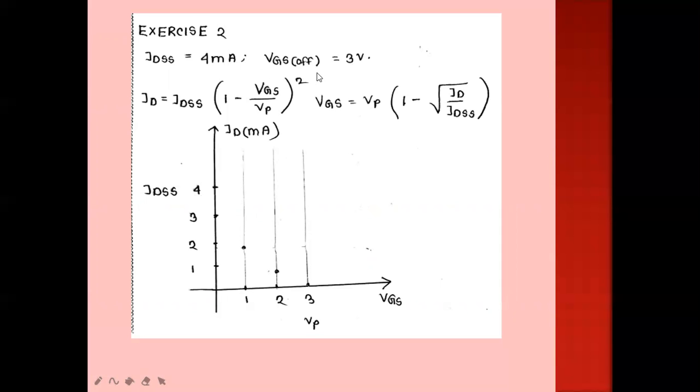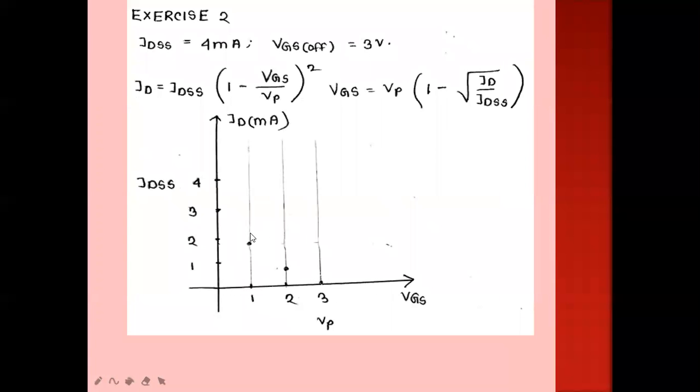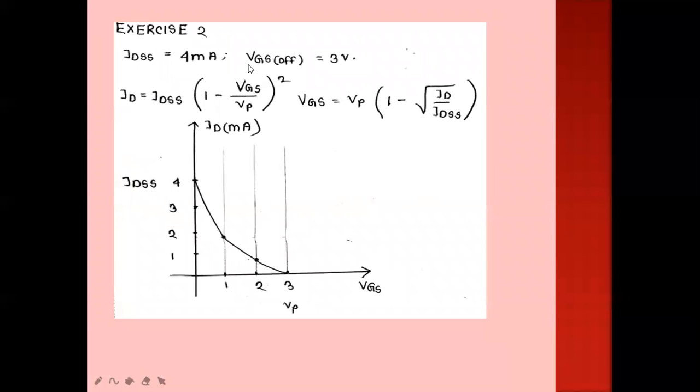For VGS equals 1 volt, the ID will be about 1.78 milliampere. For VGS equals 2 volt, the ID will be about 0.44 milliampere. For VGS equals 3 volt, the ID will be 0. After getting all the points, just connect them and you will get the transfer characteristics curve for this JFET.